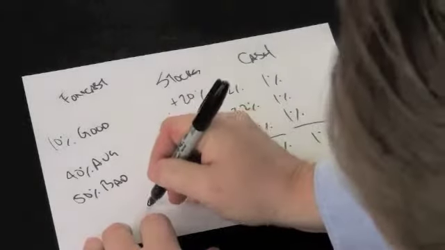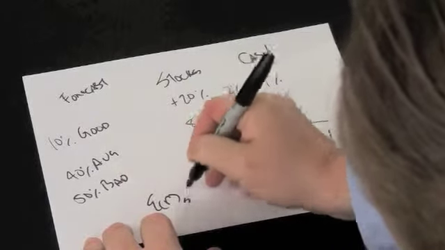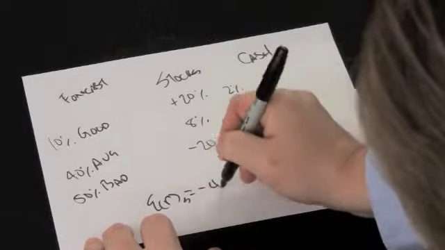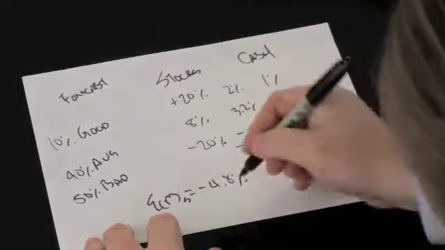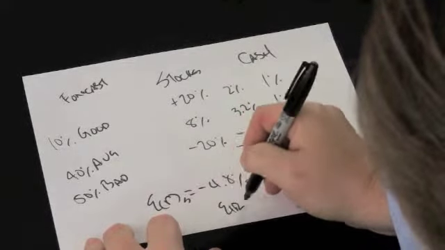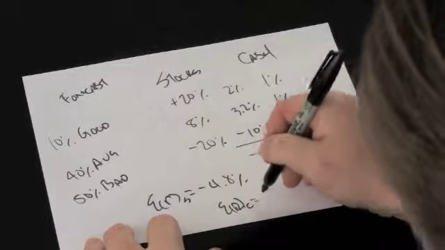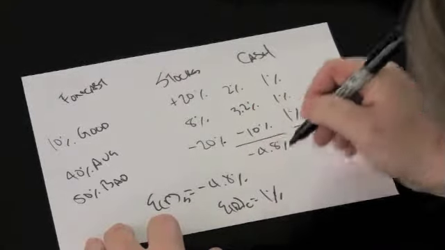So when you think of the scenarios that you're dealing with going forward, the expected return of stocks is negative 4.8%, and the expected return of cash equals 1%. Which would you rather have?